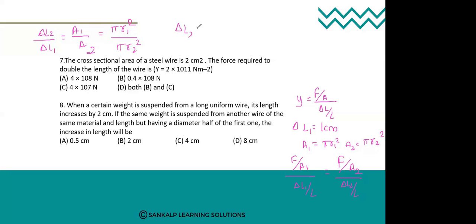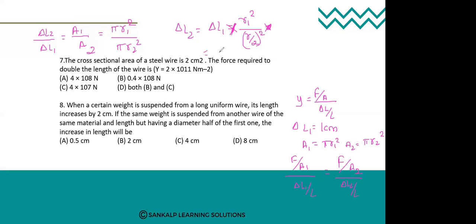So delta L2 is equal to delta L1 into R1 square divided by R2 square. But as the diameter is decreasing, the radius will also decrease, so that is delta L1 into R1 square upon R1 divided by 2 whole square.